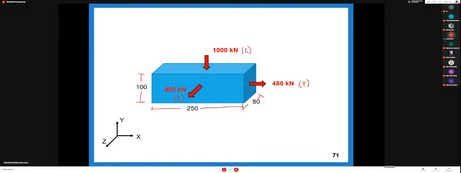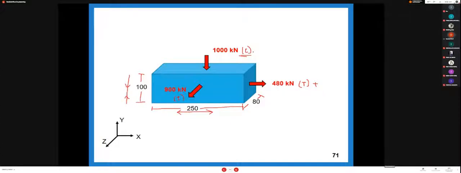Now whenever the tensile forces act, at that time this 250 length is increased under the effect of the tensile force. Okay. So their effect is considered positive because the length is increased. But under the effect of this compressive load, this dimension is decreased.